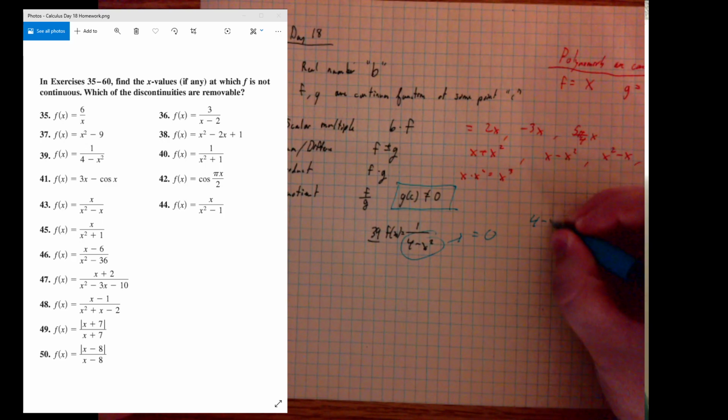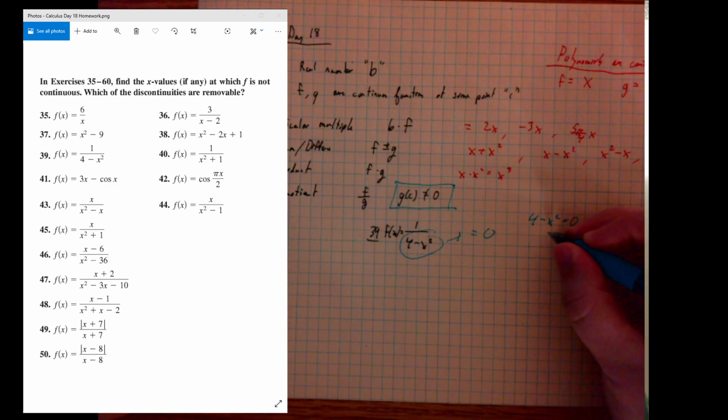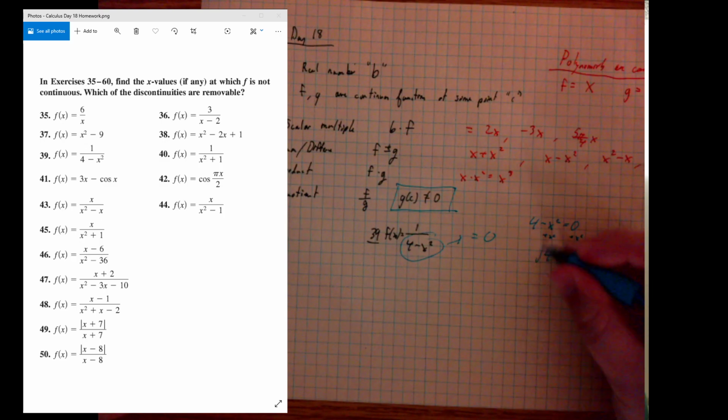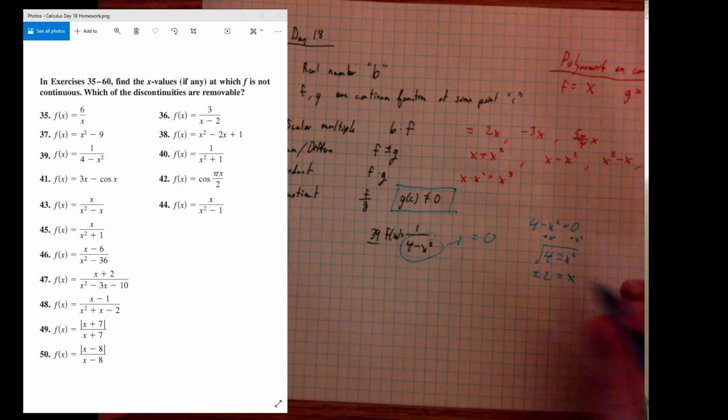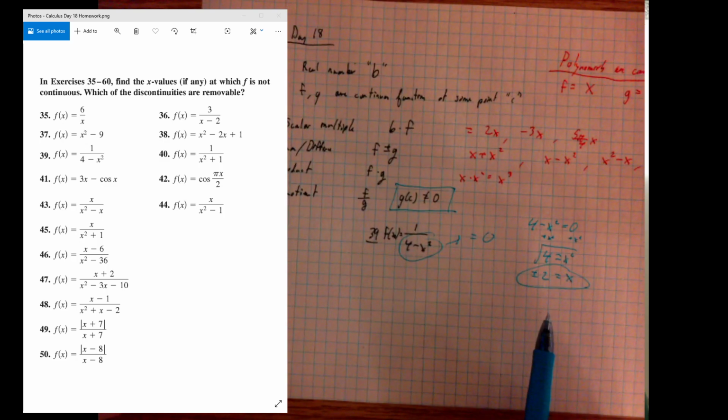So 4 minus x squared equals 0. Then solve. I would add x squared to both sides using algebraic properties. 4 equals x squared. I can then take a square root of both sides, giving me x equals plus or minus 2. So these are the places where we're going to have discontinuity.